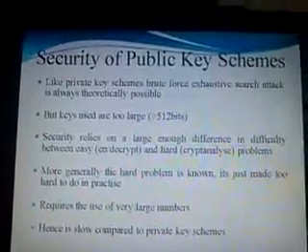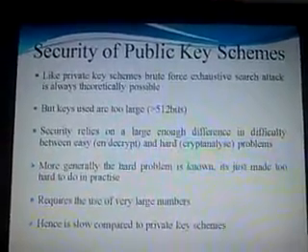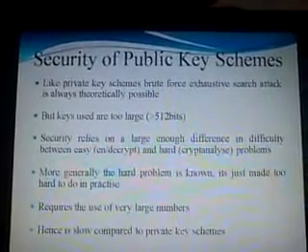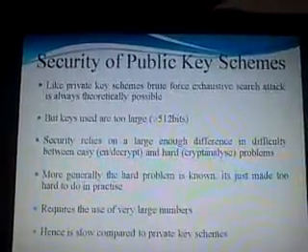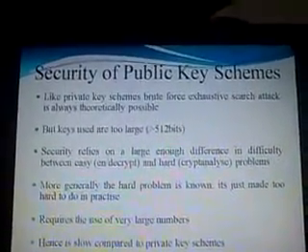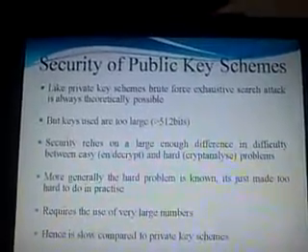Security of public key schemes. Like private key schemes, a brute force exhaustive search attack is always theoretically possible, but the keys used are too large, that is greater than 512 bits.